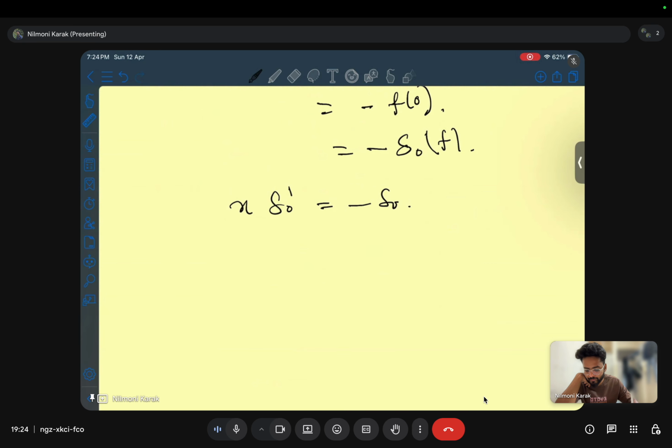Okay, so this ln mod x is a tempered distribution. Why?